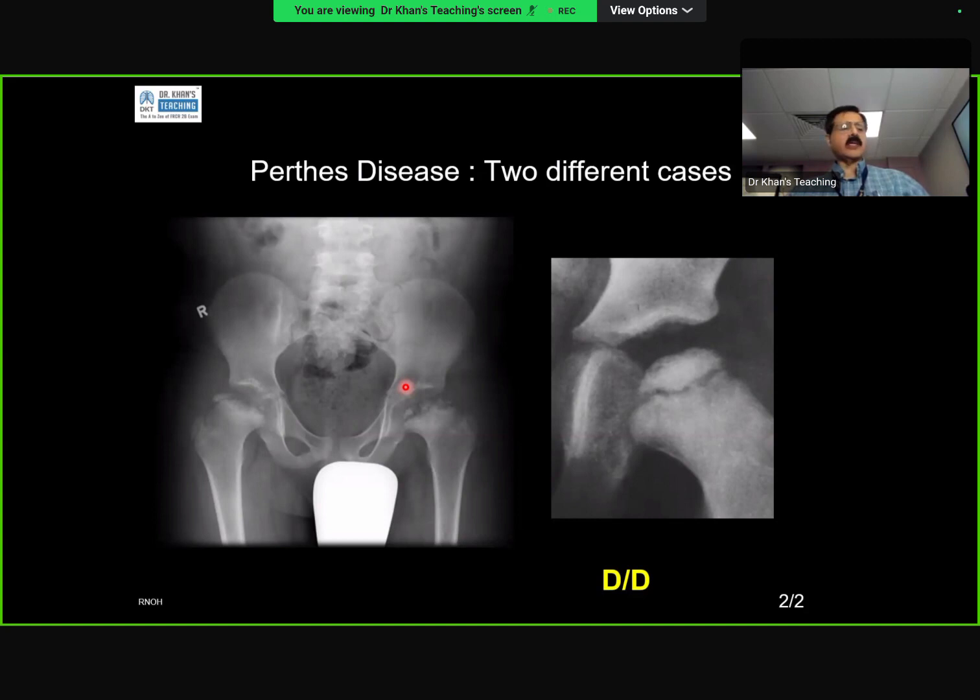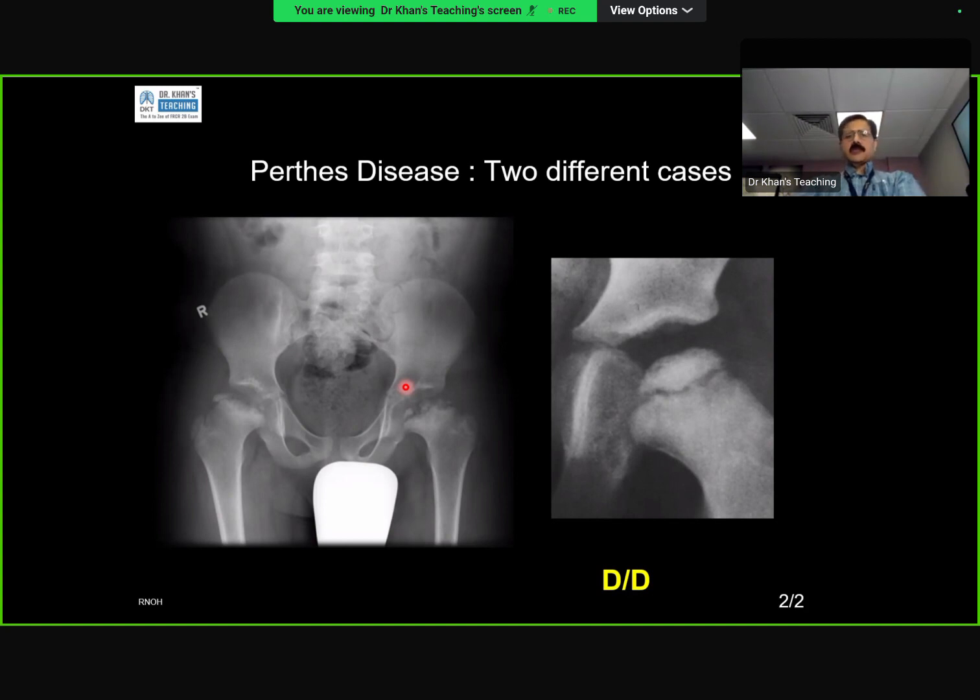One differential, of course, can be bilateral Perthes. What else is your differential? This could be neglected slipped femoral epiphysis, and infection. Which infection?